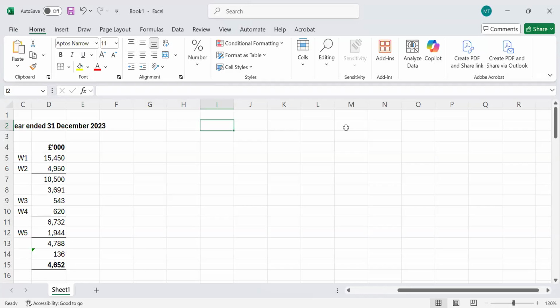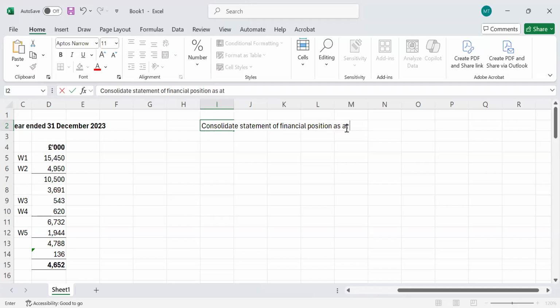Right. So the next statement is the statement of financial position, and I'm going to take you through slowly. So first of all, put the heading: consolidated statement of financial position as at 31st of December 2023.